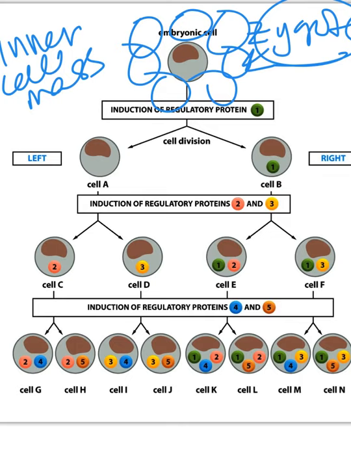So we do mitosis, cell division, and then in this example we have a regulatory protein transcribed, translated, makes a protein. So the expression of that protein causes this cell to be different than this cell. Same DNA, identical genes.